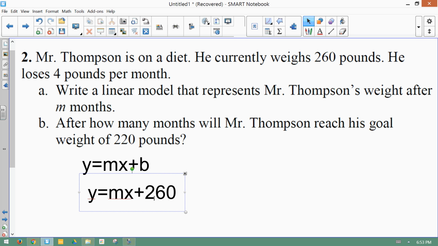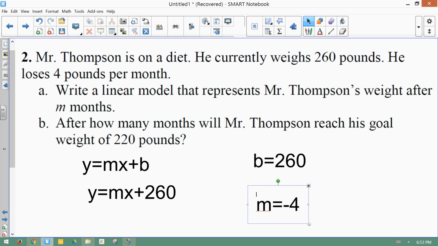And he's losing 4 pounds per month. So his rate, M, is equal to -4, and he's losing it every month.